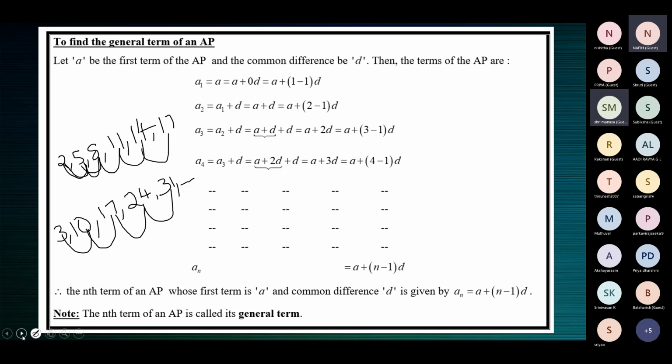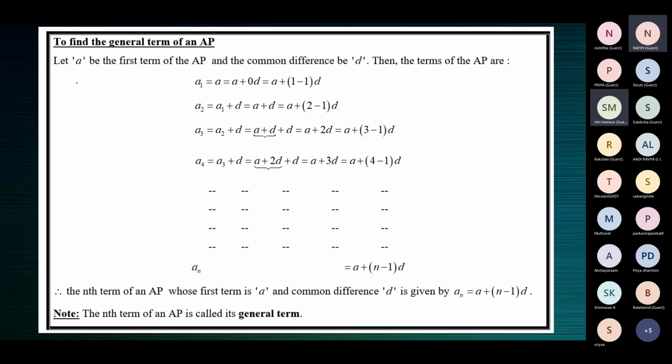Now, this numerical example should help you. Suppose the first term A is 7 and the common difference is 11. So 7, 7 plus 11 is 18, 18 plus 11 is 29, 29 plus 11 is 40, 40 plus 11 is 51, and so on.